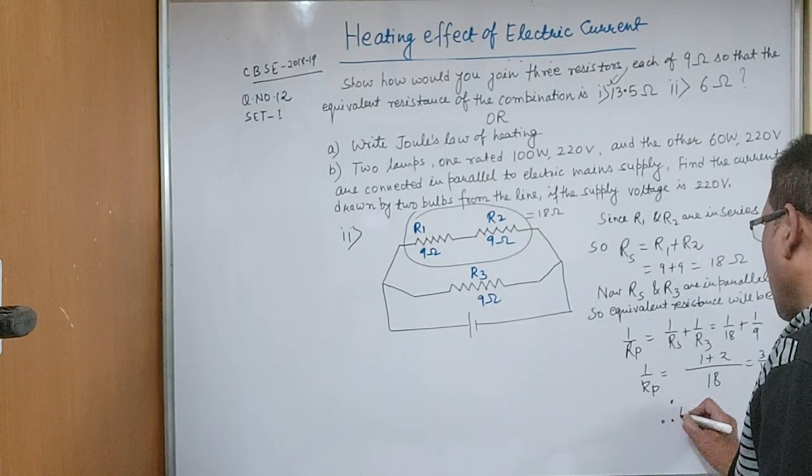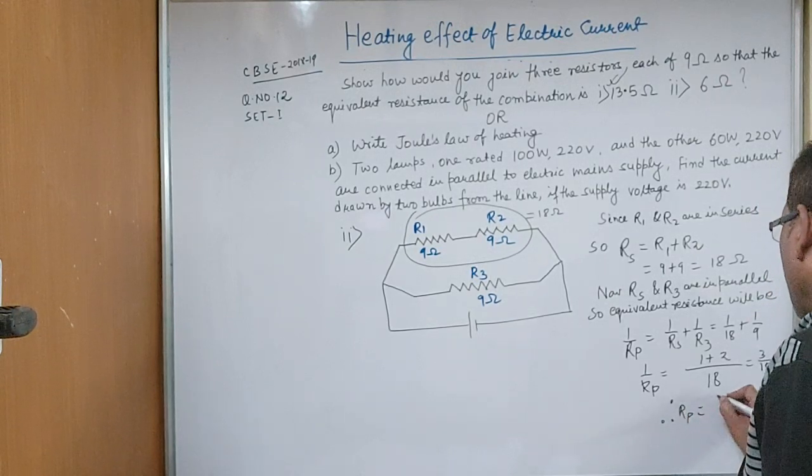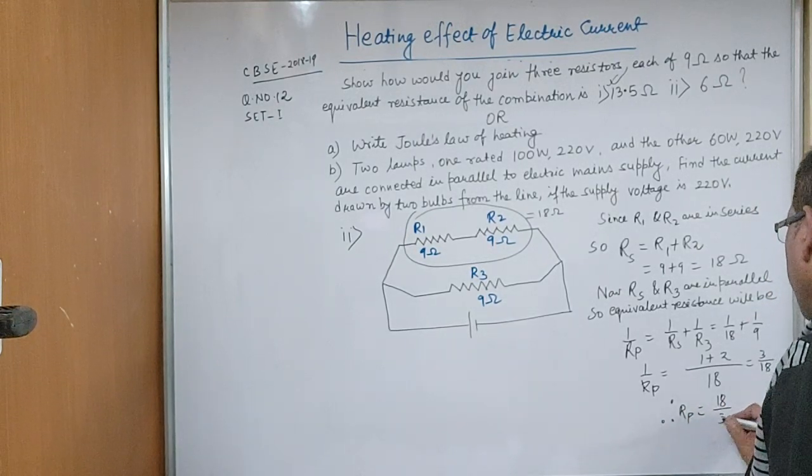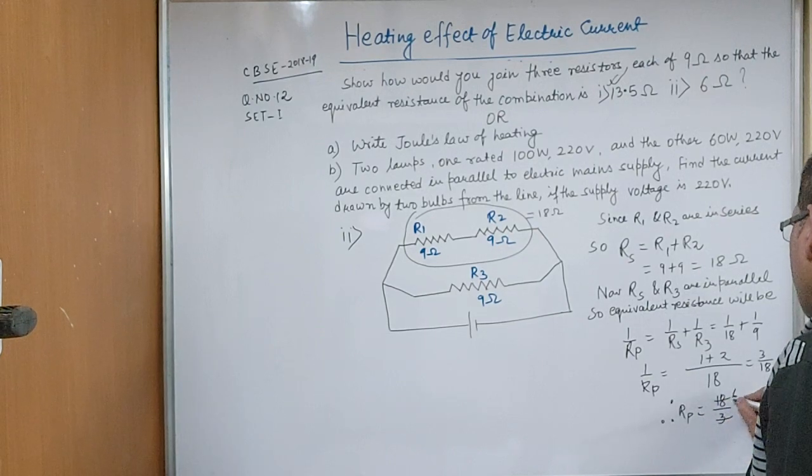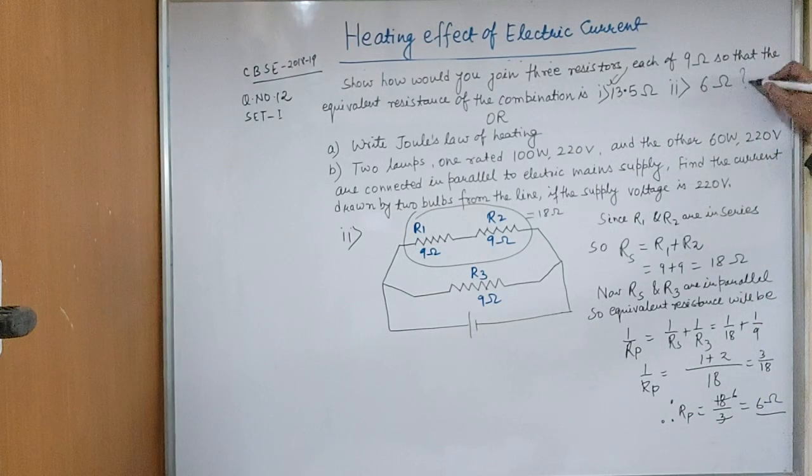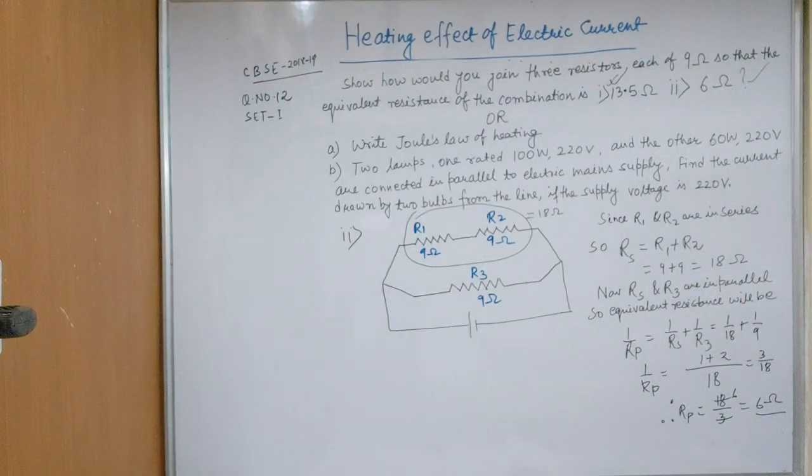Therefore Rp is equal to 18 by 3, so 3 6s are 18, so 6 ohm. So we have got 6 ohm in this way. This is one of the questions which was asked in the 2018-19 session.